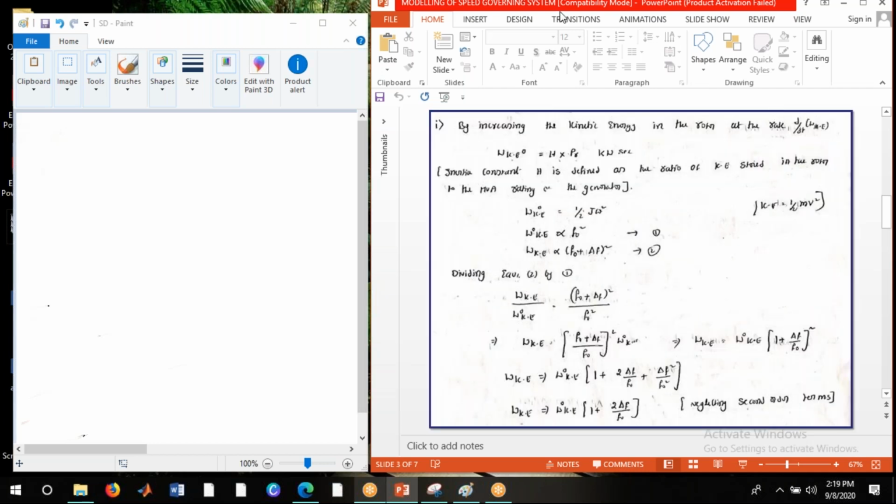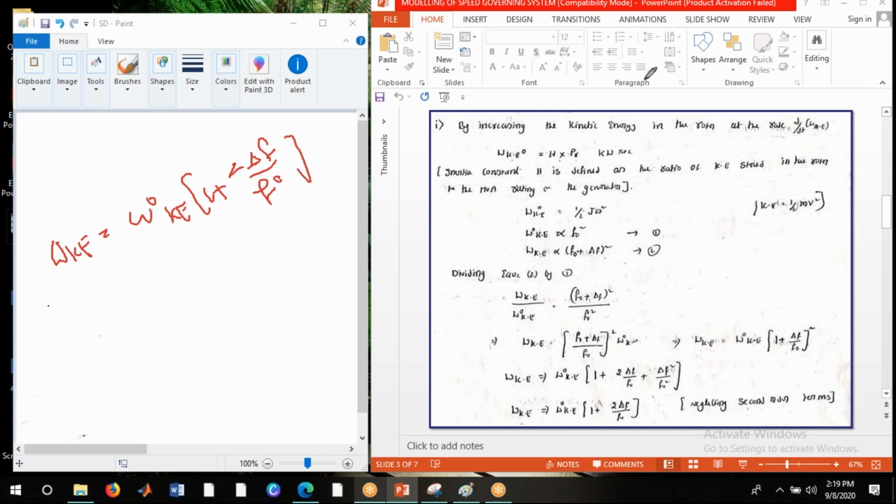Just note this down. I'm writing here: WKE is equal to W naught KE into 1 plus 2 delta F divided by F naught.